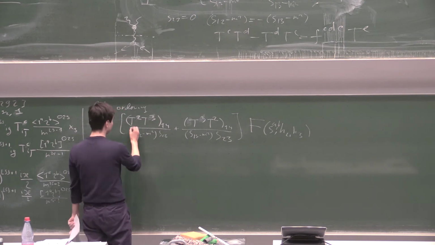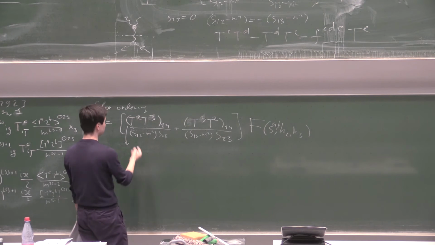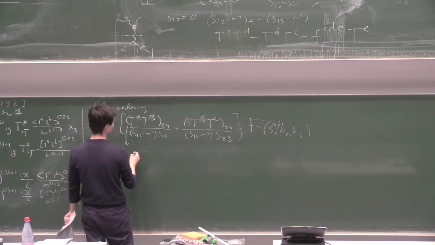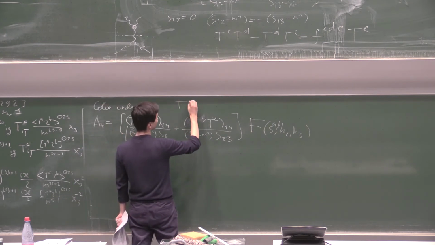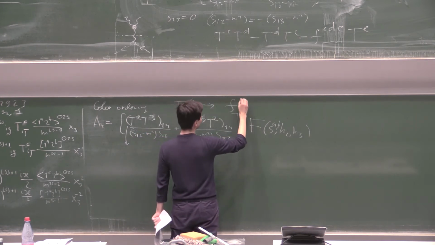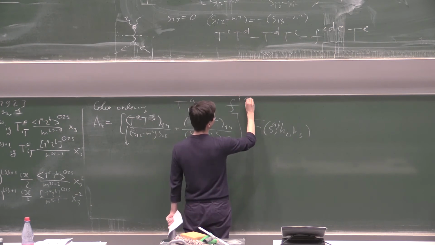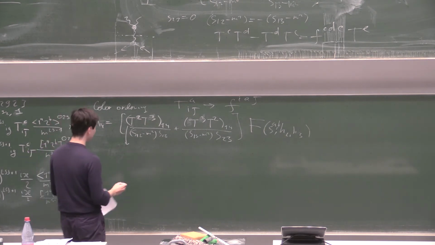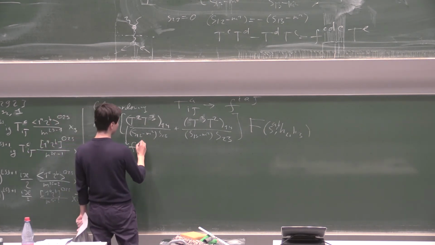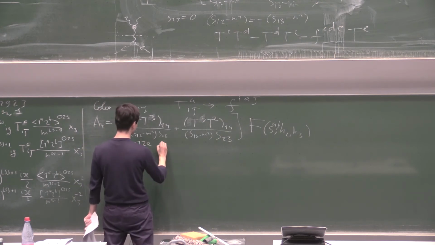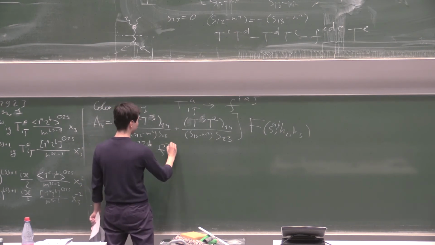Color ordering is something that is well defined in the adjoint representation. So far I've been really agnostic about the representation in which my matter particles were in. In the adjoint representation is when I take something like that and I just write I, A, J. So this becomes F1, 2, some internal index, let me call it K. I was calling it K before. 3, 4.